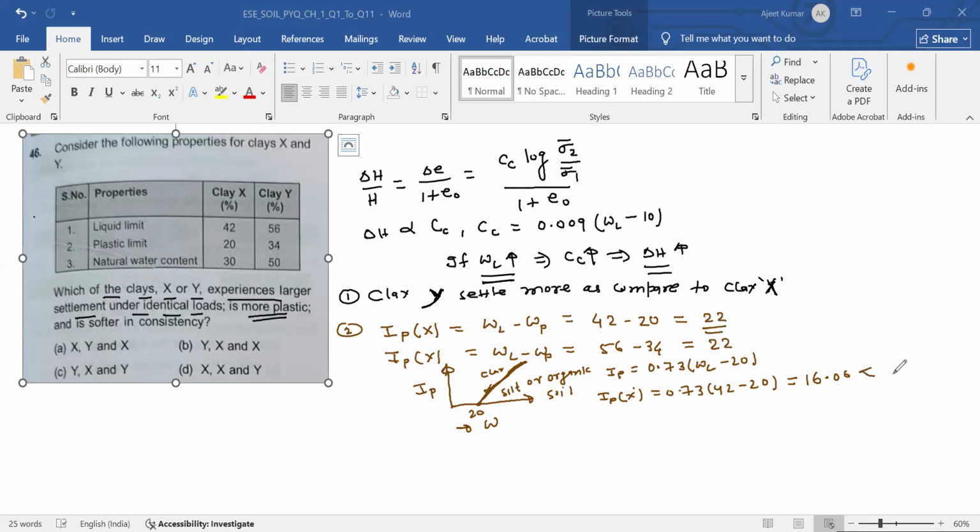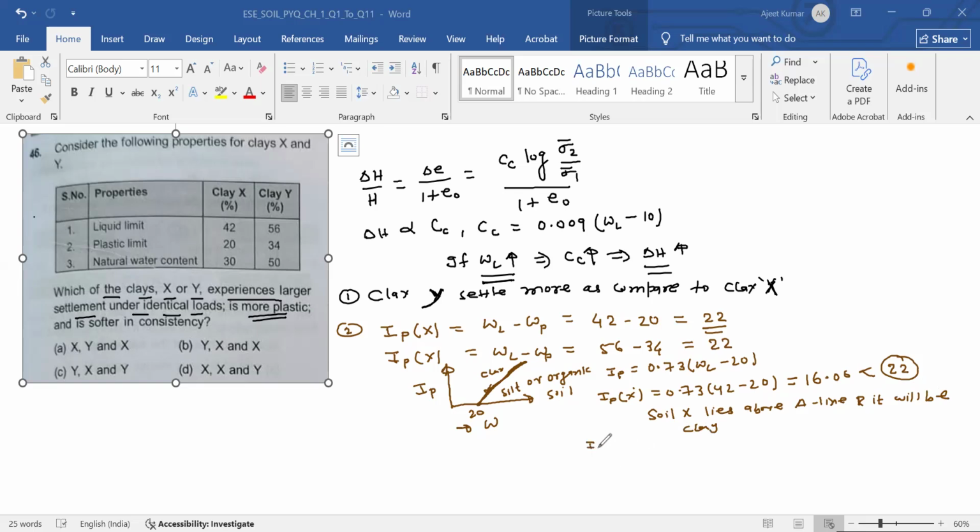This is less than 22. So soil X lies above the A line, and it will be clay.